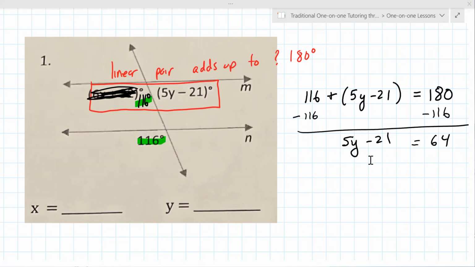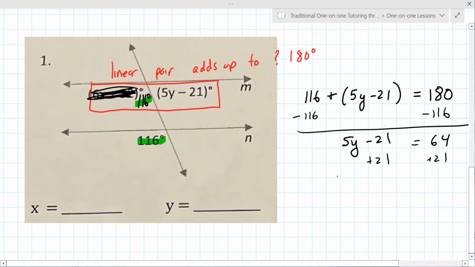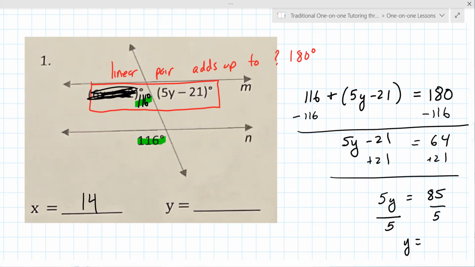Yes, you're gonna add 21 to both sides. Very good. What do you get on the right? What is 64 plus 21? 85. Very good. And what's the next thing to do to solve for y? Divide both sides by 5. Good. So go ahead and grab a calculator or you can work that out by hand, but I'd like to have that answer.